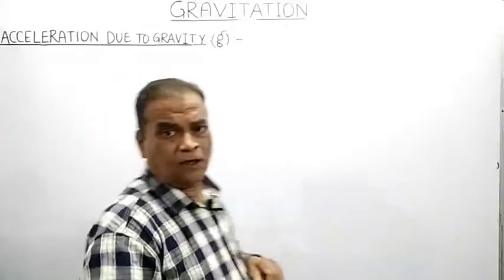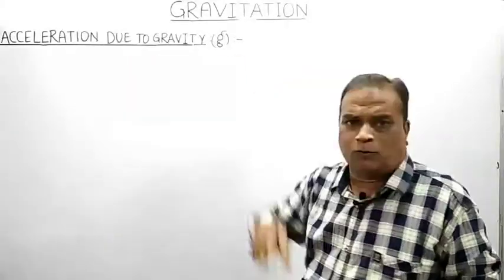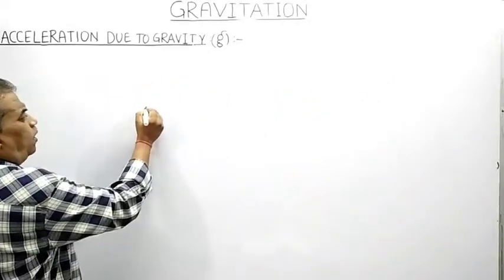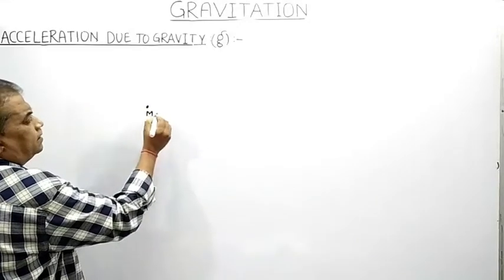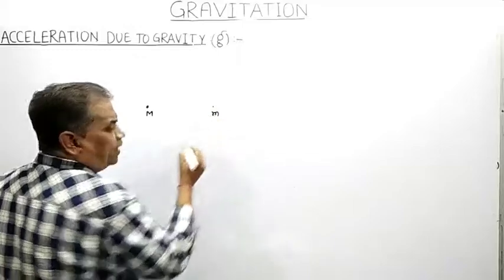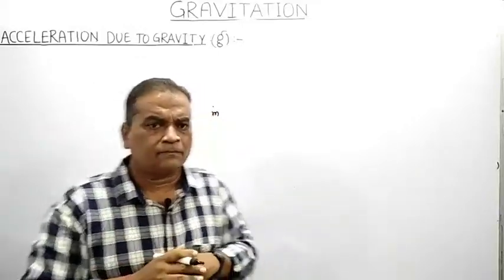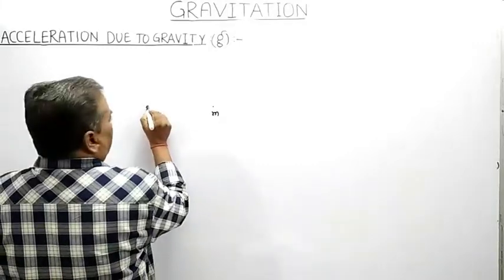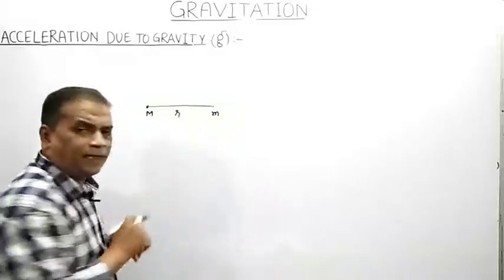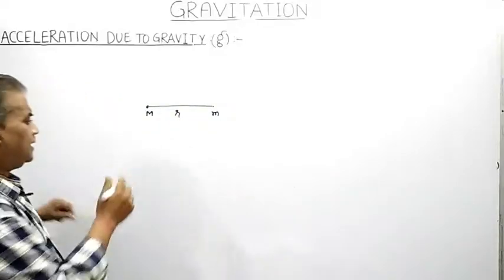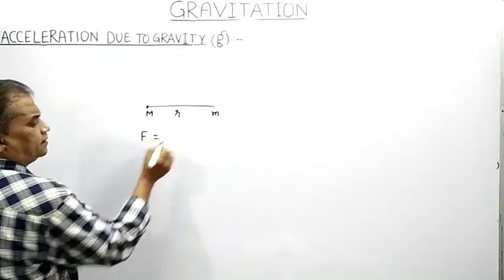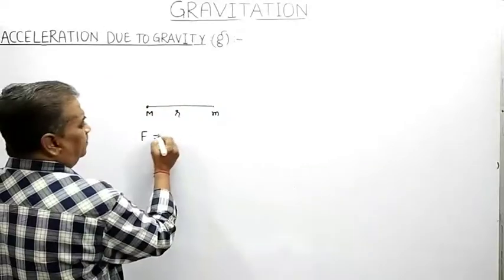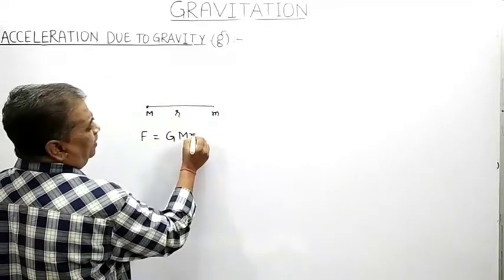So let us first discuss the expression for acceleration due to gravity g. According to the universal law of gravitation, if we have a point object of mass small m, and another point object of mass capital M, such that the two point objects are separated by a distance r, then the gravitational force of attraction between them is F equal to GMm divided by what?